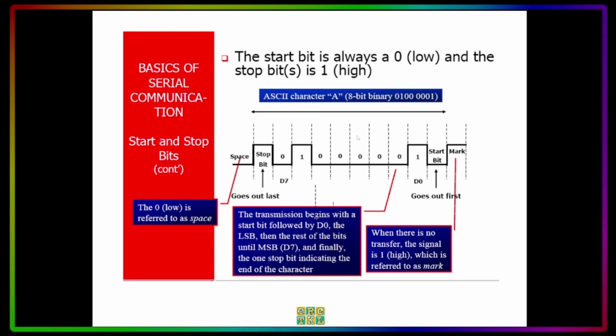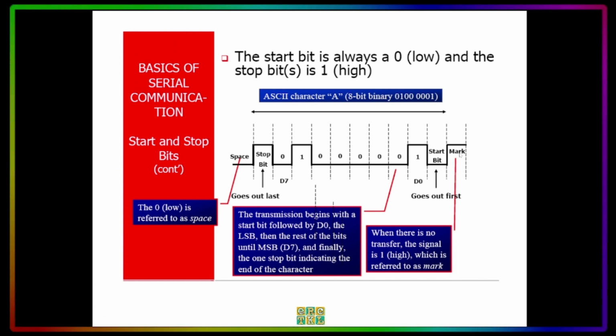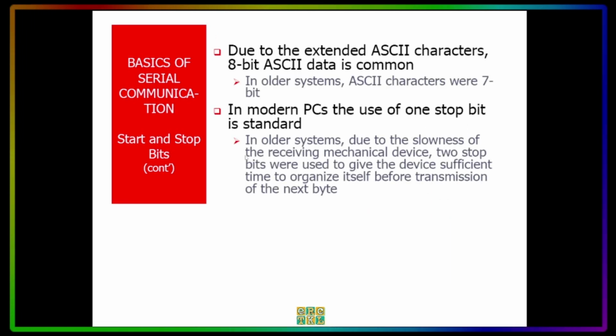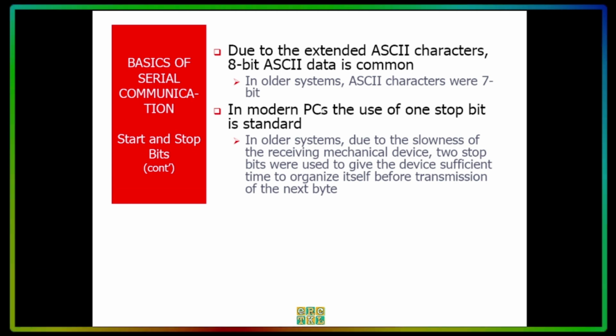So this is how the start bit and the stop bit are being used. They are placed here on the right side and here on the left side. Before the start bit, if there's nothing there, the line will be on the mark, or a 1. After the stop bit, we have what we call a space. Due to the extended ASCII characters, 8-bit ASCII data is common, but in older systems, ASCII characters were only 7 bits.